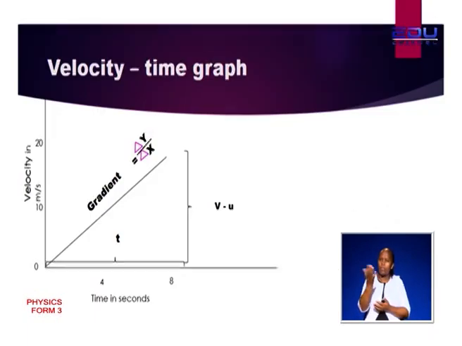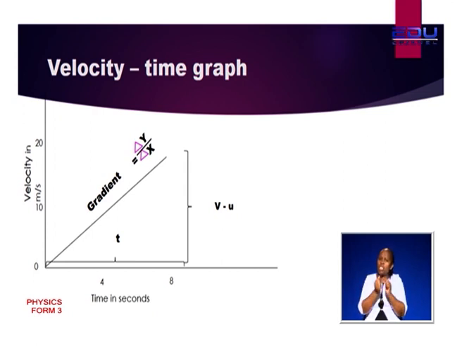So if we look at the motion graph that we have there, you see the vertical line, which represents the y-axis, has velocity, and the horizontal axis has time. And then you can see the way time is changing and velocity is also changing.